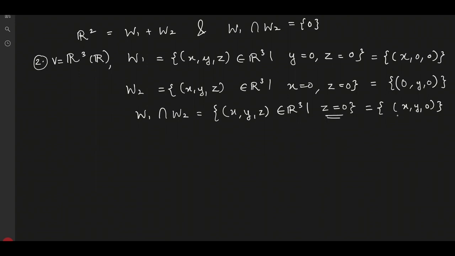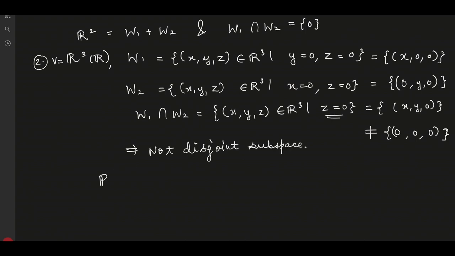So this is not disjoint. Okay, so I cannot write R cube as a direct sum of these two subspaces.